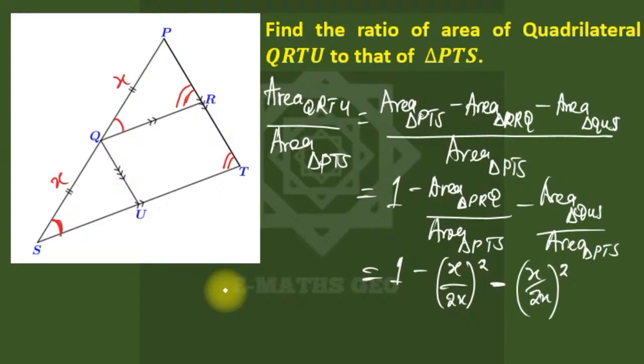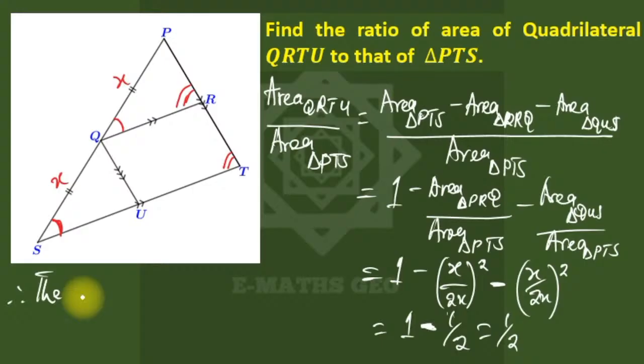Do you get that the length of the big one is 2x, while the smaller ones are x? So this is 1 minus 1 over 4, minus 1 over 4, which is 1 over 2. So the answer is half. Therefore, the ratio is 1:2. So it's a tricky one.